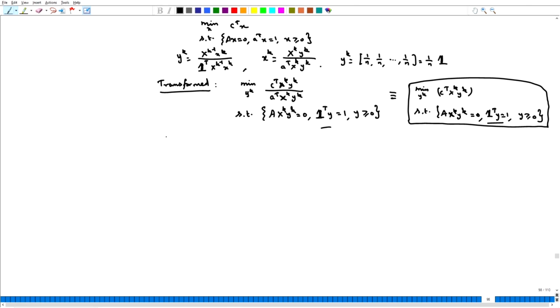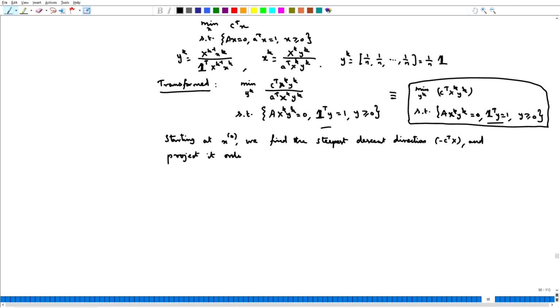So, now starting at x 0, we find the steepest descent direction, which is minus C transpose x, right. Yes, that is minus C transpose x, no questions on that. Project it onto the feasible set, the feasible polytope, right.